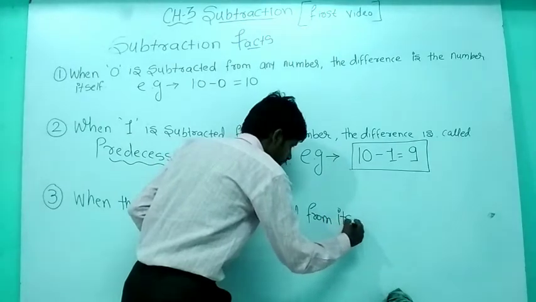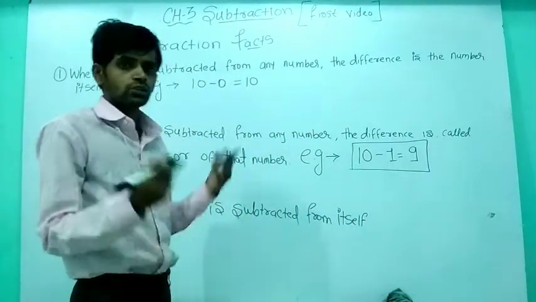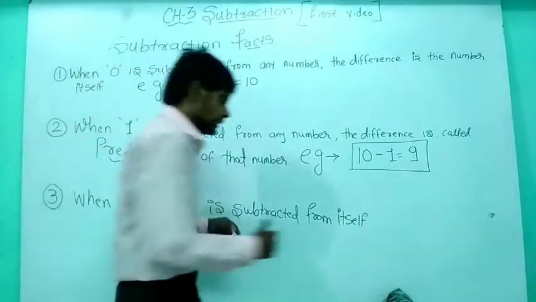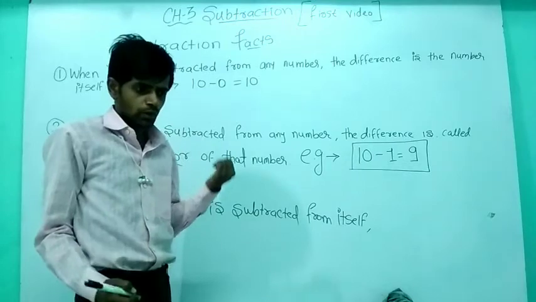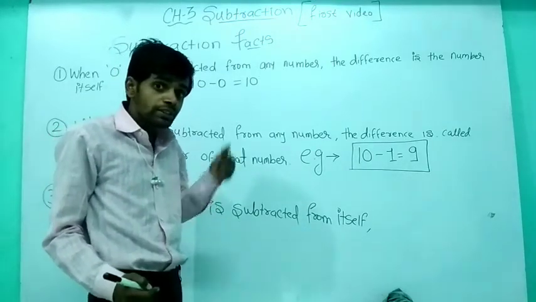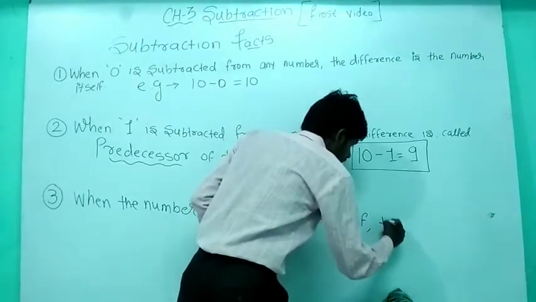You subtracted the number from the number itself. So what will be the leftover? Nothing. So we will write that what we will obtain after the subtraction is the difference, and the difference will be 0.